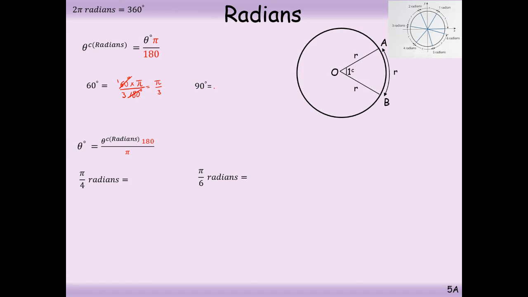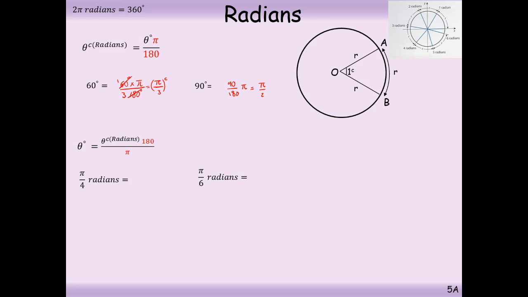I'm not sure why they use the letter C on top of angles measured in radians, but that's just the unit that they use. Okay, so let's look at 90 degrees. 90 divided by 180 and times pi simplifies to pi over 2.